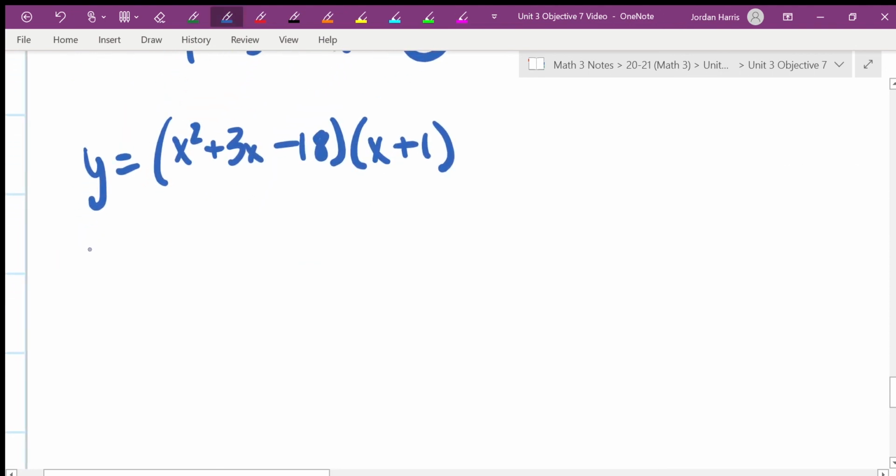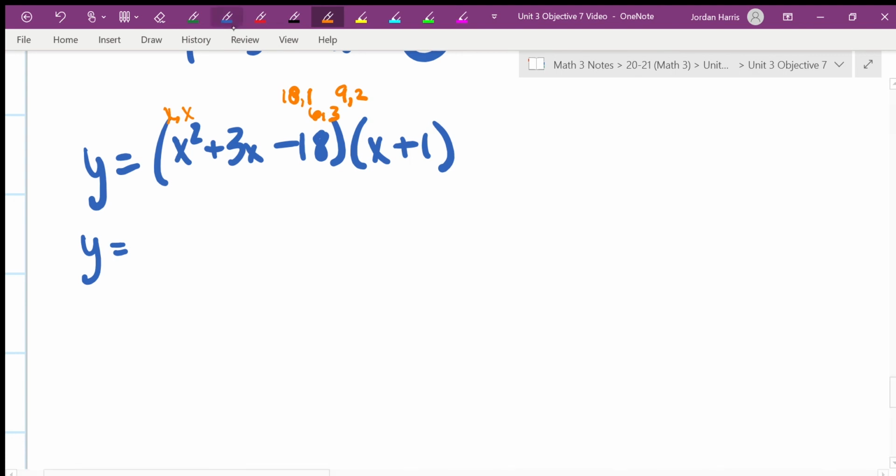Now we finish factoring. This one's an easy one because it has a coefficient of 1, so it's x and x. And then I have to think, well, which one makes 3? And I could write 18 and 1. That doesn't work. 9 and 2. That doesn't work. 6 and 3. Ah, there we go.